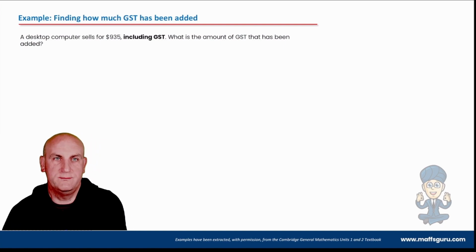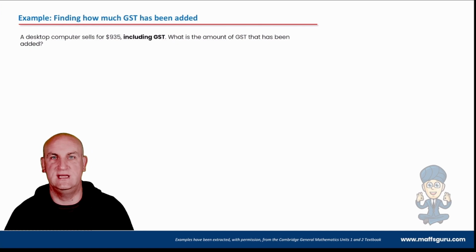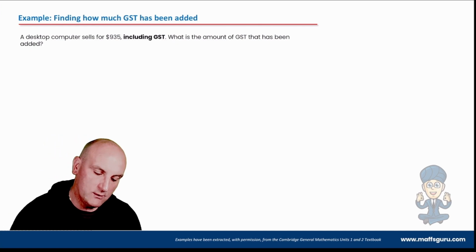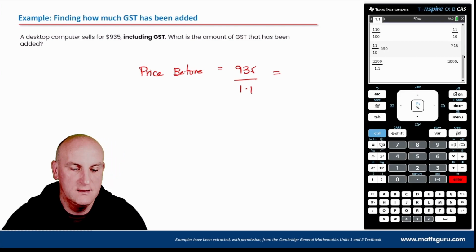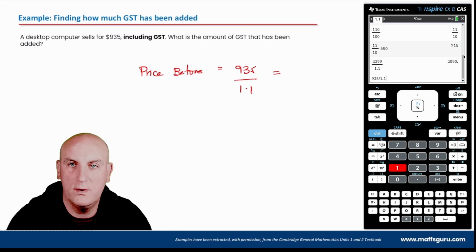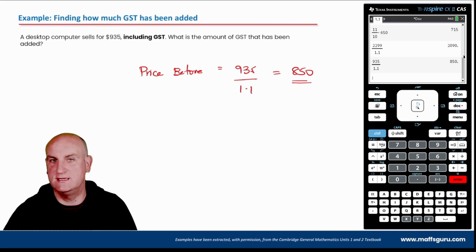So, a desktop computer sells for $935, including GST. What was the amount of GST that's been added? Right, so I know the price before is going to be the price with GST, which is $935, divided by 1.1. Again, fire up my calculator, 935 divided by 1.1 gives me $850. So that was what it was before I had the GST.